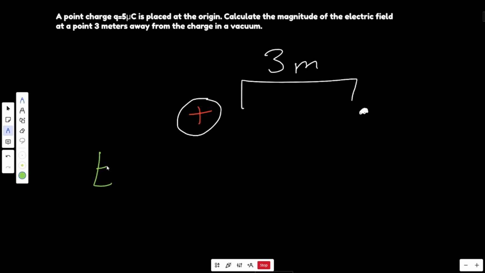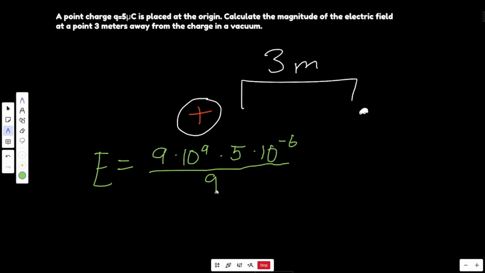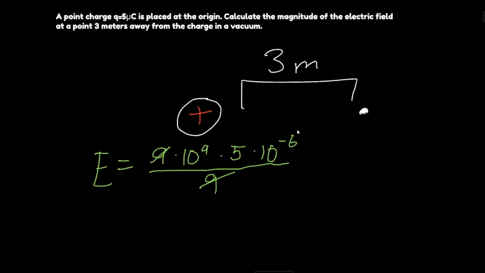Now, let's try plugging these values into our formula. So we have E is equal to 9 times 10 to the power of 9 times 5 times 10 to the power of negative 6, all over 3 squared, which is 9. We can cancel out the 9s, and then we're left with 5 times 10 to the power of 9 times 10 to the power of negative 6. This follows the rules of exponents, so 9 plus negative 6 is 3.